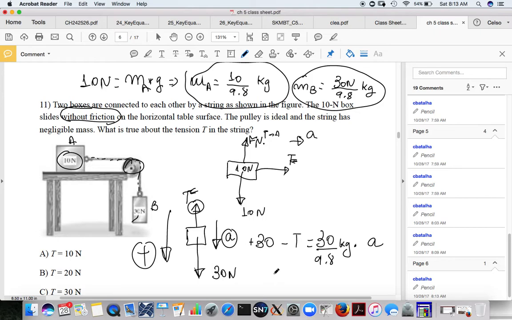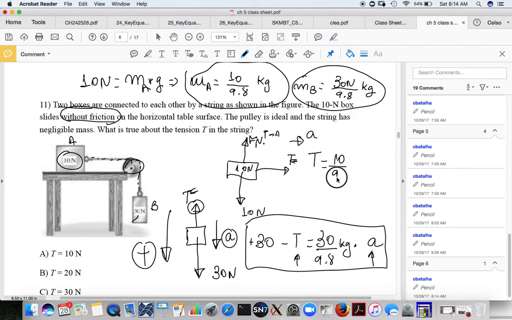So then what I find is that I have basically one equation here that relates tension, which I want to find, and acceleration, which I don't need to find, but I don't know which one it is. But I also know that T, the tension from the 10 newtons block, is equal to its mass, right, Newton's second law, times acceleration.